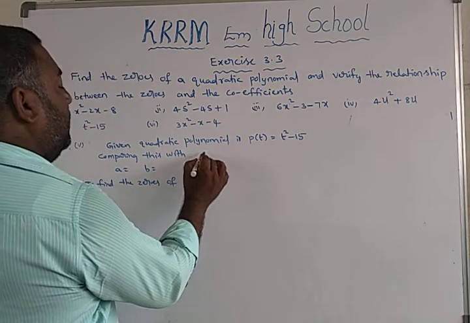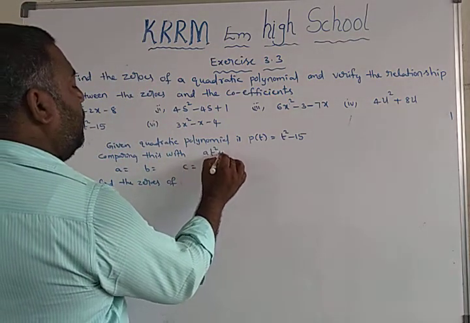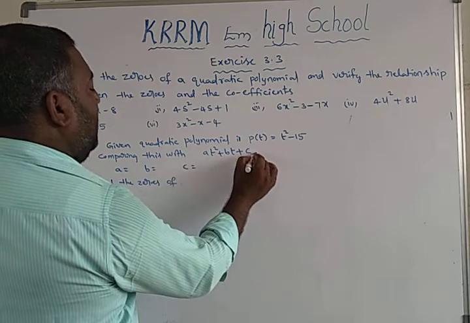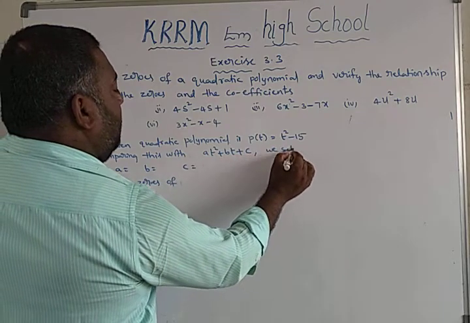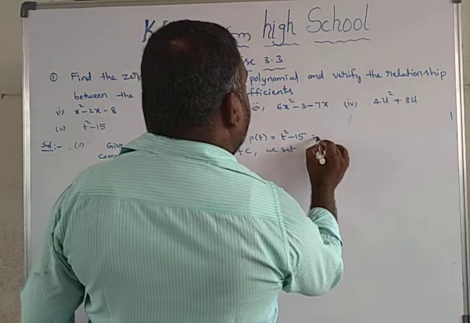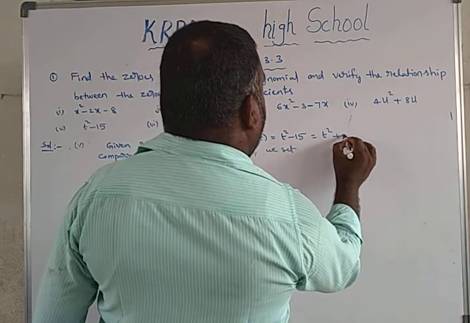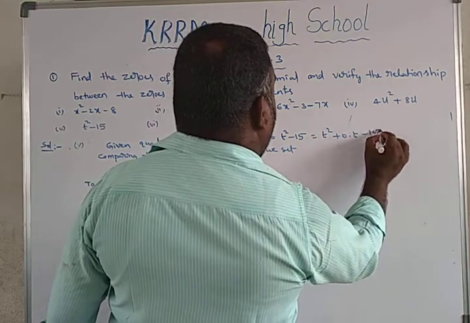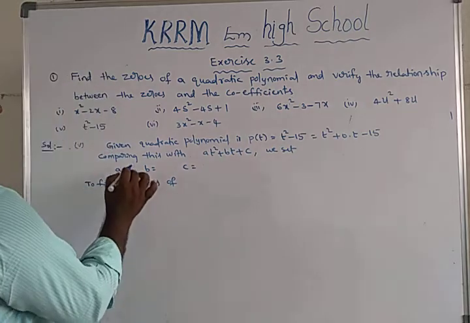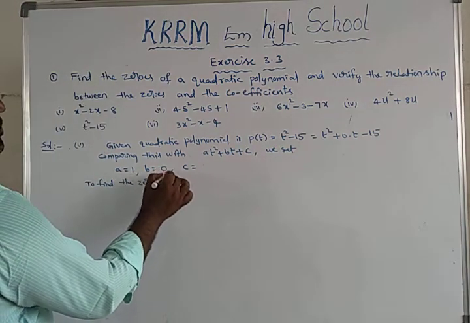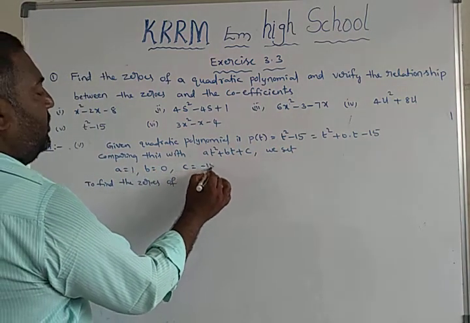Comparing this with a t square plus b t plus c, this can be written as t square plus 0 into t minus 15. Here a value is 1, b value is 0, c value is minus 15.